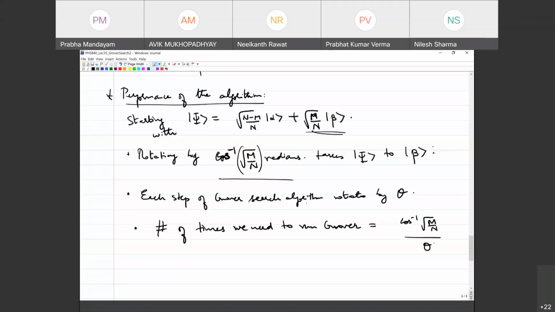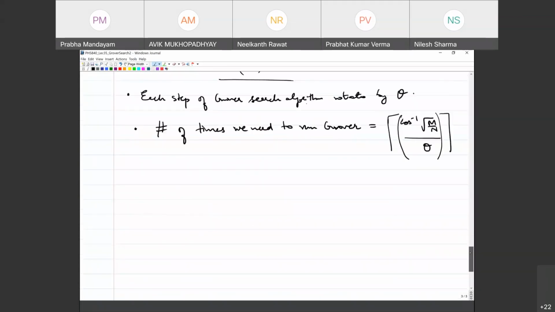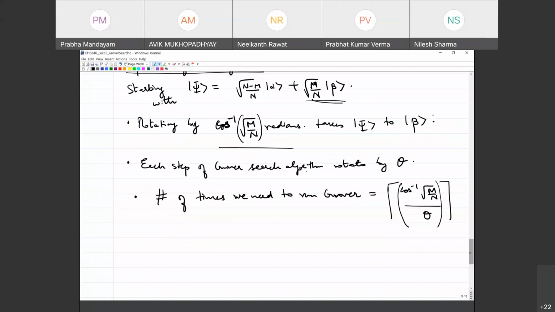And it's actually going to be the ceiling function of this, which means the smallest integer which is larger than this number. So I hope this idea is clear, right? If I rotate exactly by cos inverse of square root of m over n, then I exactly get to beta, right? But I can rotate only by theta each time. So I have to find the closest multiple, effectively. So this is the number of times that I ideally need to rotate.